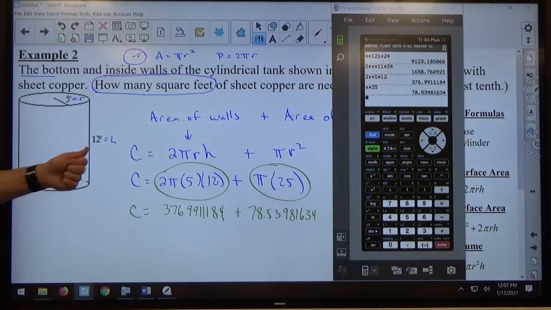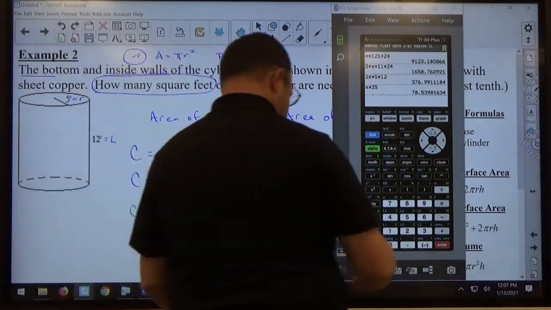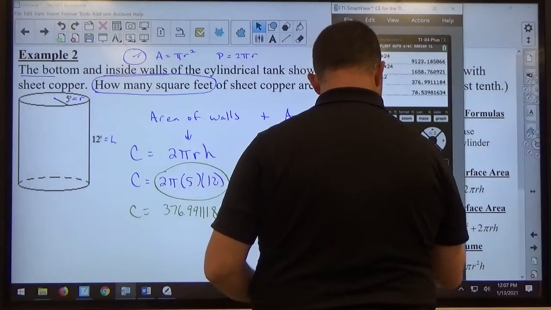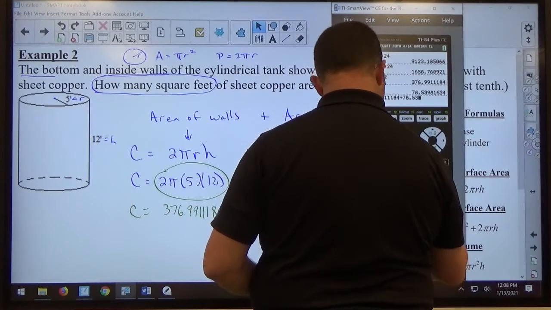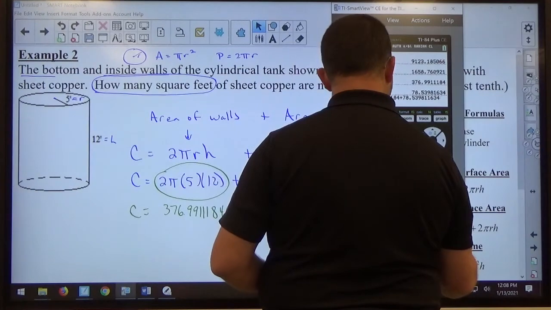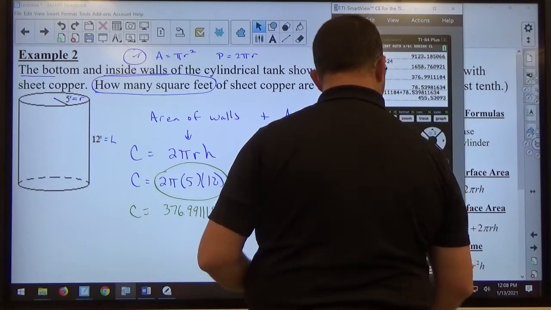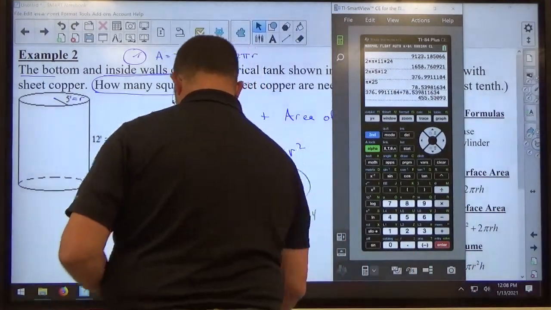Once I get both those products figured out, I add those 2 answers together to get the final answer. 376.9911184 plus 78.53981634 equals 455.5393.